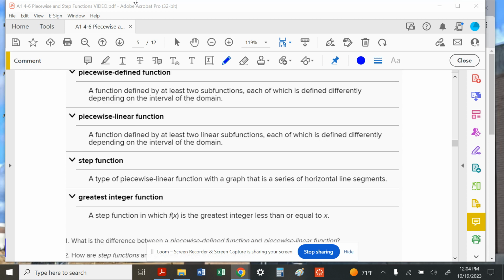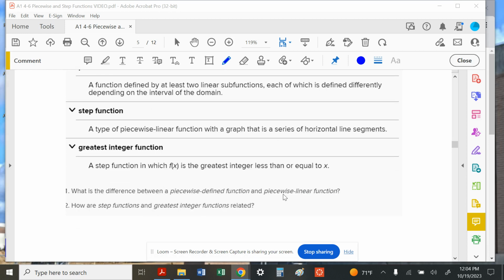So we can price out how much 3 students are, how much 4 students are. It's kind of like that chocolate bar thing. You can't buy half of a chocolate bar as a fundraiser. You have to buy the whole thing. You can buy 1 chocolate bar or 2, but you can't buy 1.5 chocolate bars. That's what the greatest integer function is. We're not going to really get into that much. We're really going to talk about the step function.